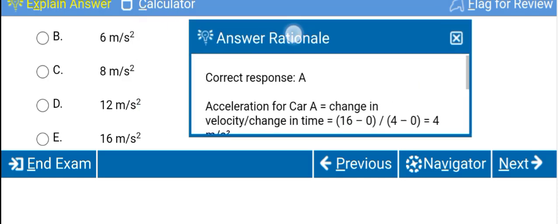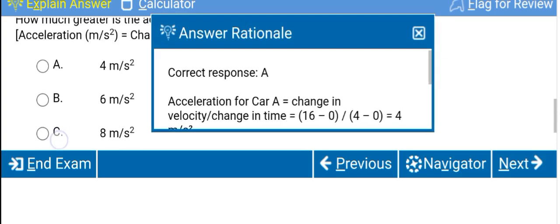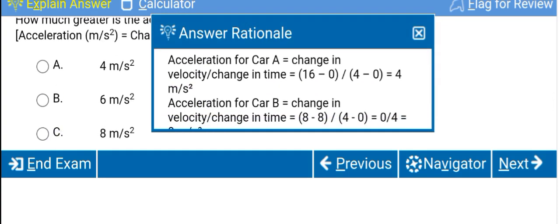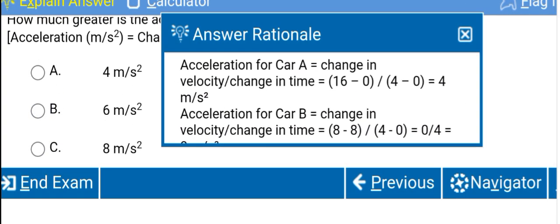So option A is the correct response, as acceleration for car A, that is change in velocity divided by change in time, equals 16 minus 0 divided by 4 minus 0 equals 4 meter per second squares.